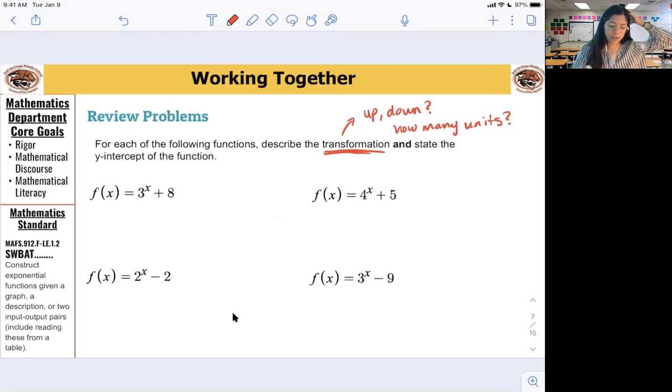So in example number 1, how do we know the type of transformation? Where do we look to see where it's going?